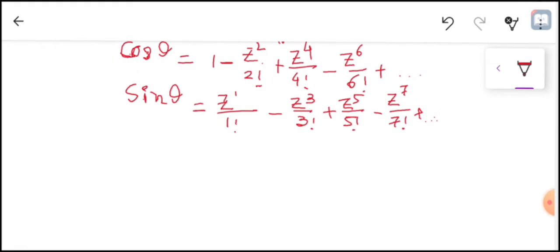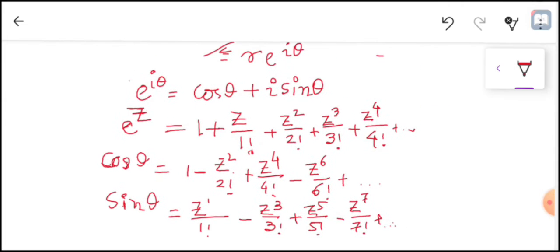So we are interested to write the right hand side of the equation.